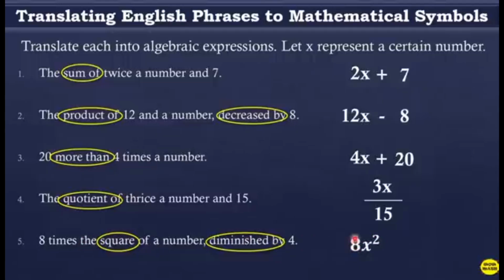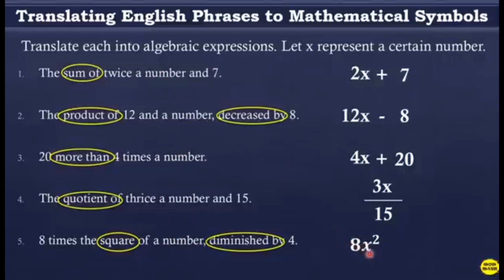Going back on the statement, we have 8 times the square of a number. Again, we use the variable x because that was in the instruction that we are going to use x to represent a certain number, unless in the statement it was specified what particular number. So we have here 8x squared.